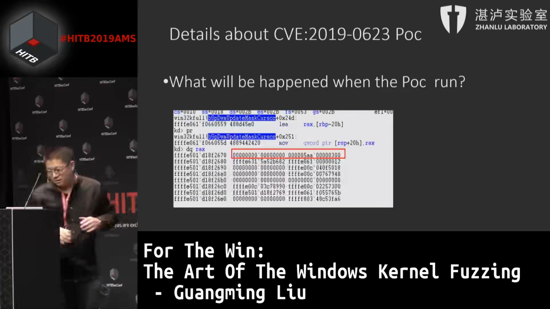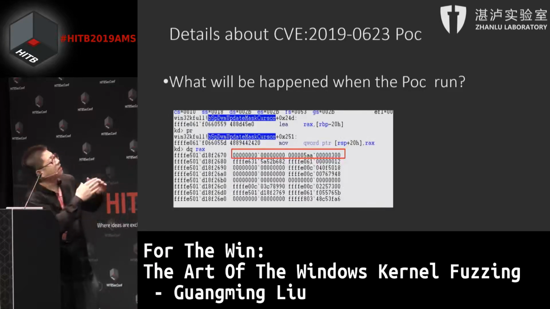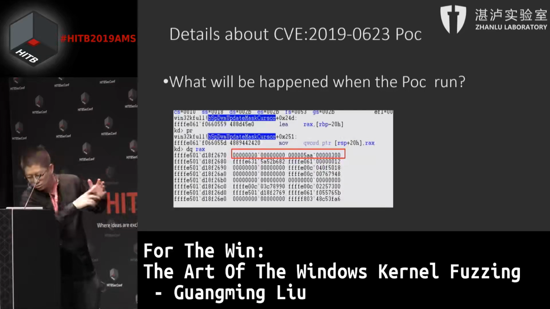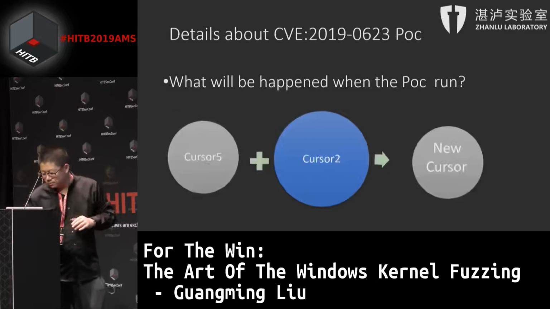You can see that 0x5AA is added by 0x2DA and 0x2D0.